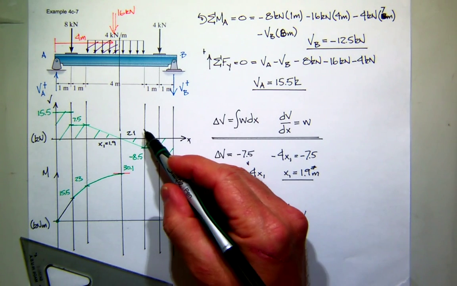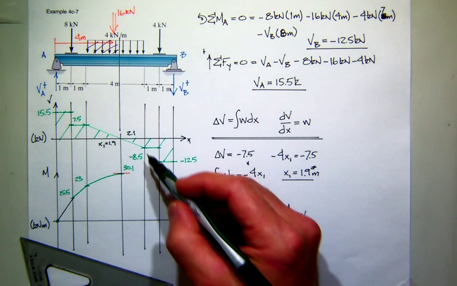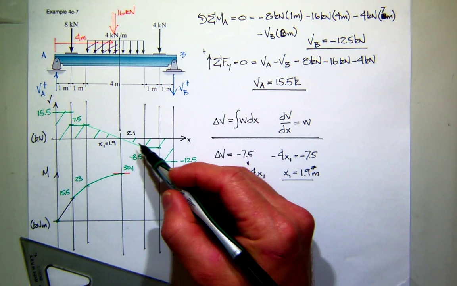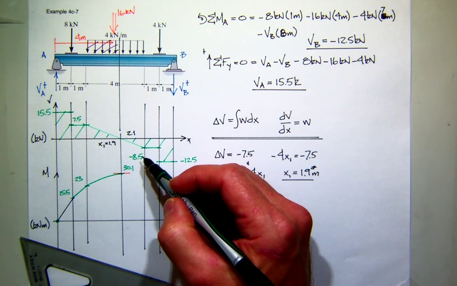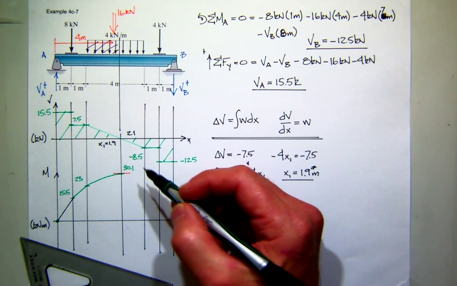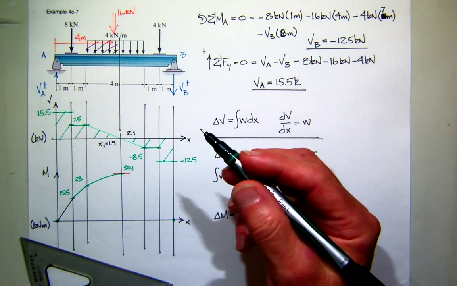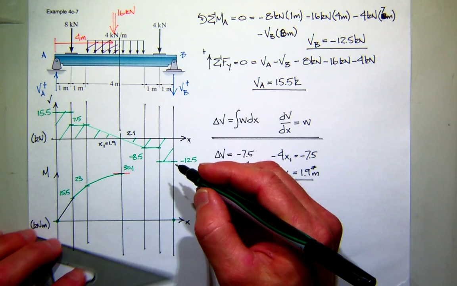So the change in moment on the next section is the area of the shear diagram. What's this area? So it's a triangle again. 2.1 times 8.5 divided by 2. So subtract that from 30. What do you get? 21.2.